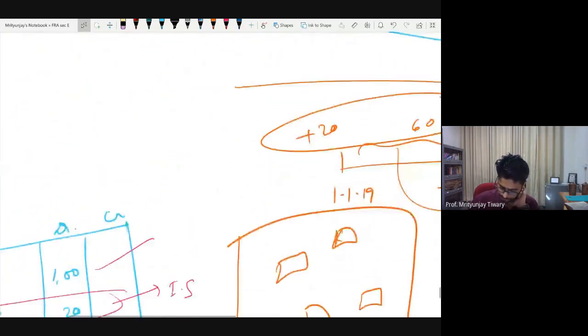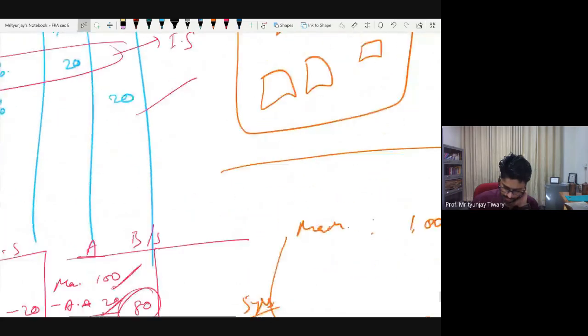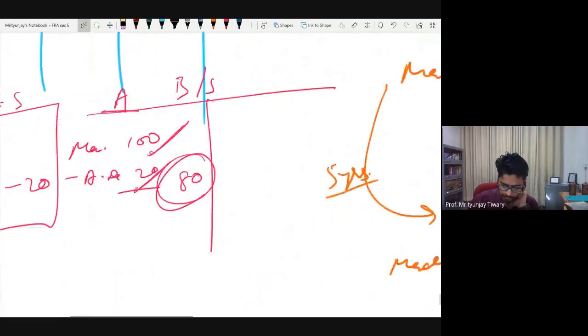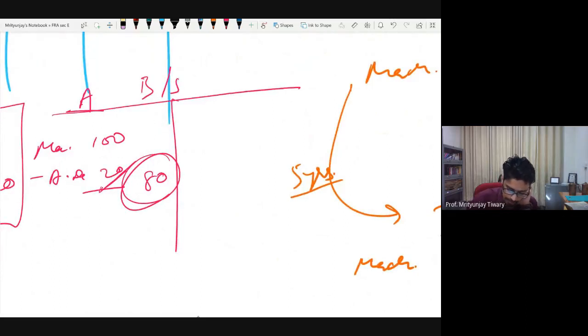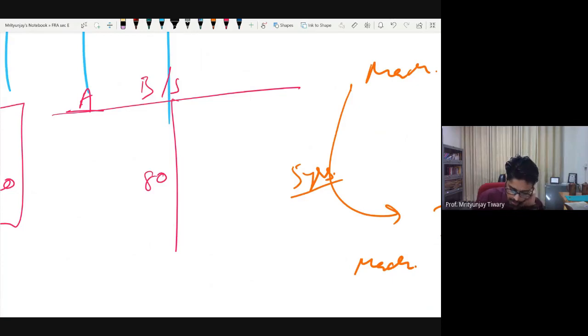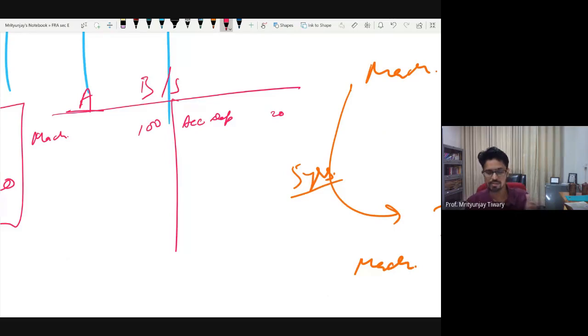Here, this is one way of representing it: you write machinery 1 crore, subtract accumulated depreciation 20, and that's how you write 80. Or you could have also written it like this: machine 100, and on the liability side accumulated depreciation 20. That also means one and the same thing.